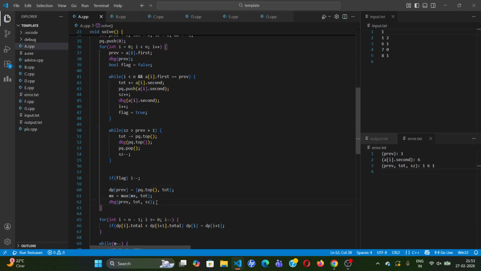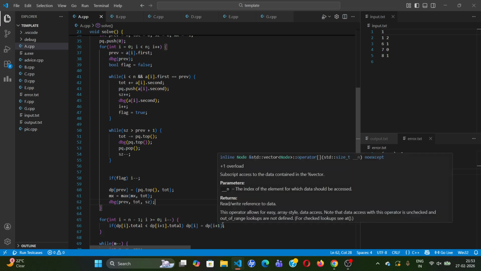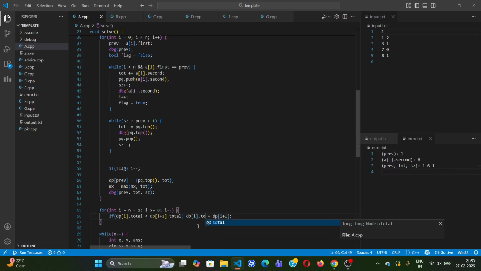But no, the number will not change. i minus 1 can take in values like 6, 0, 1.